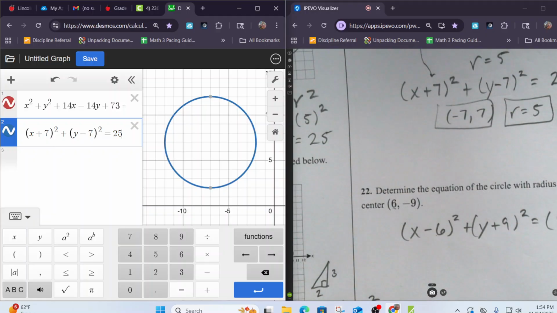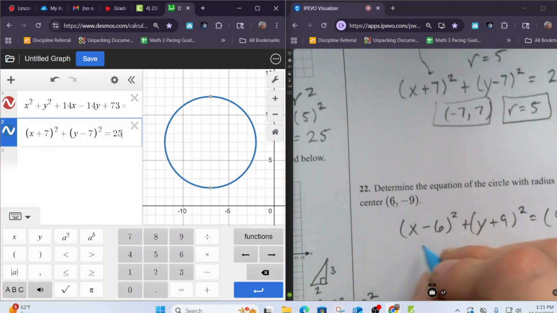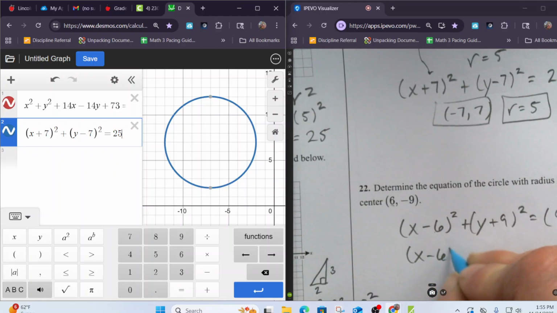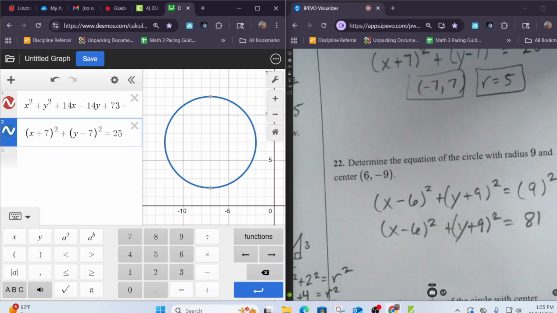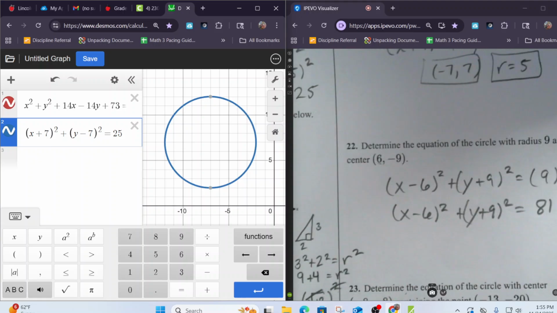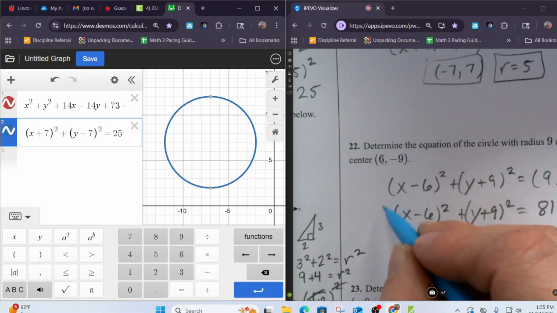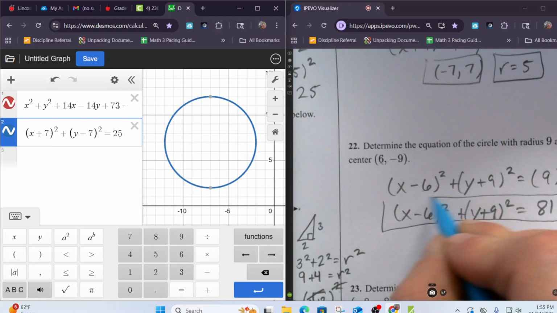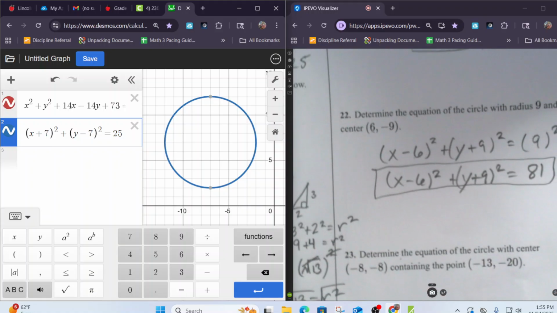All I've got to do here is square my radius. So (x - 6)² plus (y + 9)² equals 81. That's your answer.